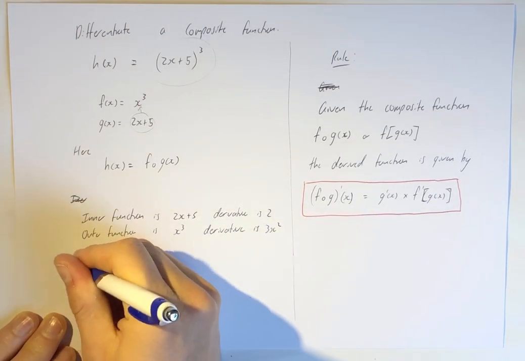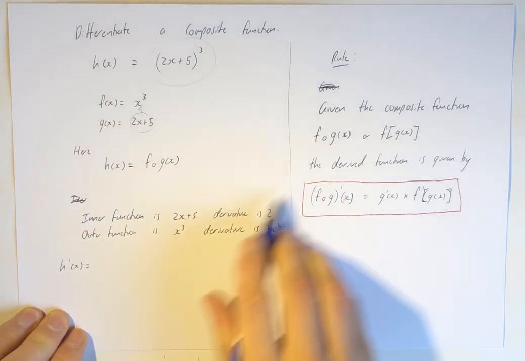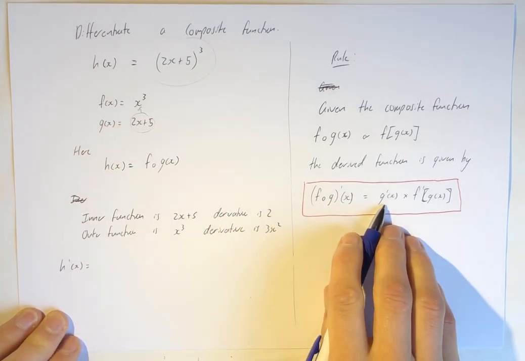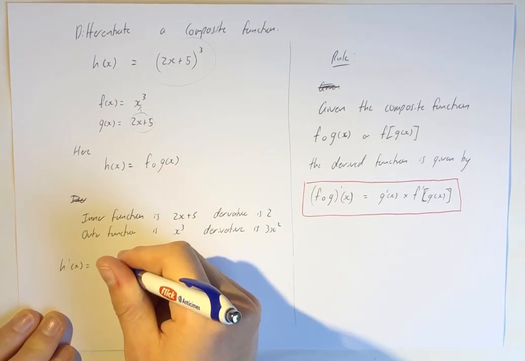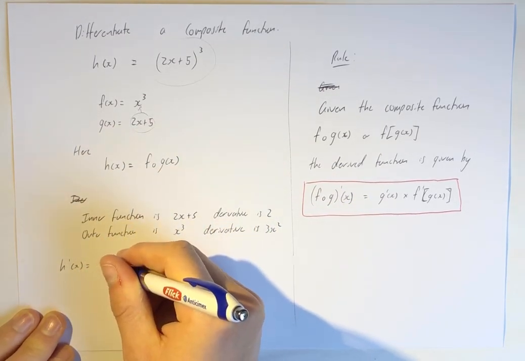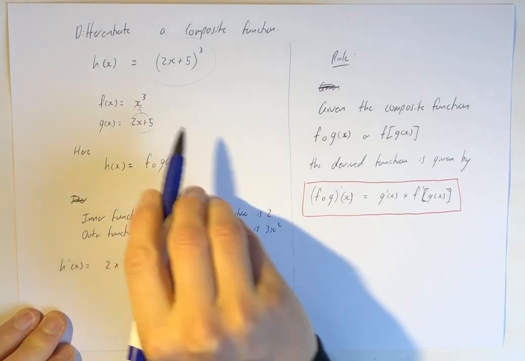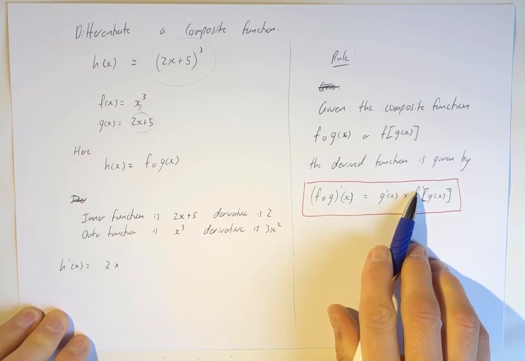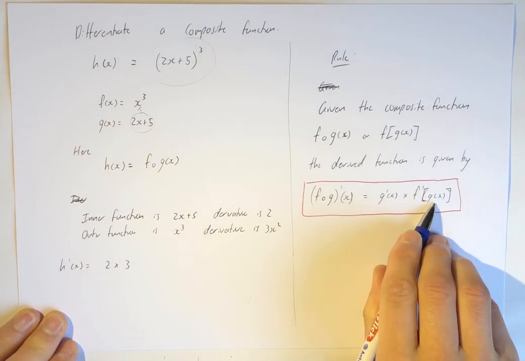So h prime of x is going to be equal to the inside function's derivative. So the inner function's derivative, which is 2, times the outside function's derivative composed of g of x.